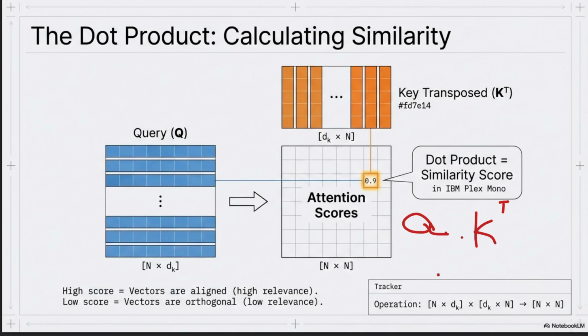The math is 2 multiplied by 64 multiplied by 64 multiplied by 2. We get a 2 by 2 score matrix.